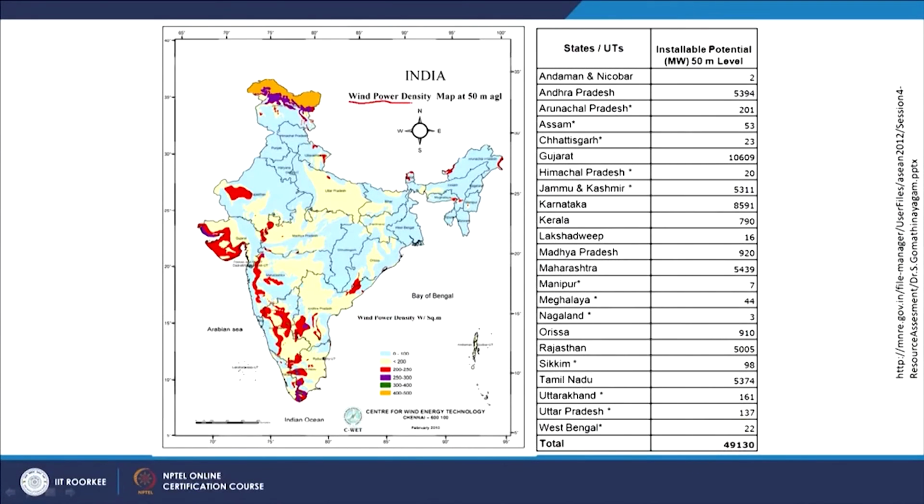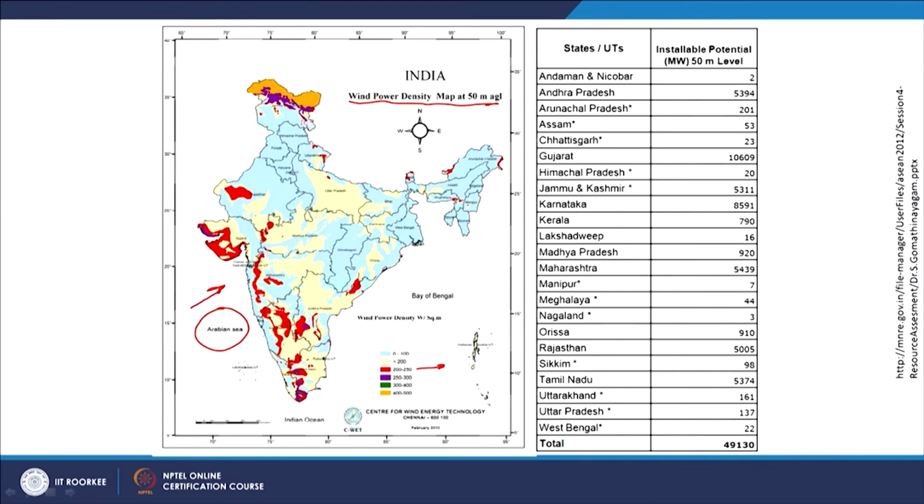Now this is a wind power density map, a potential map. This is the wind power which is available in different parts of the country. As you can see, the maximum is available from the wind coming from the Arabian Sea.